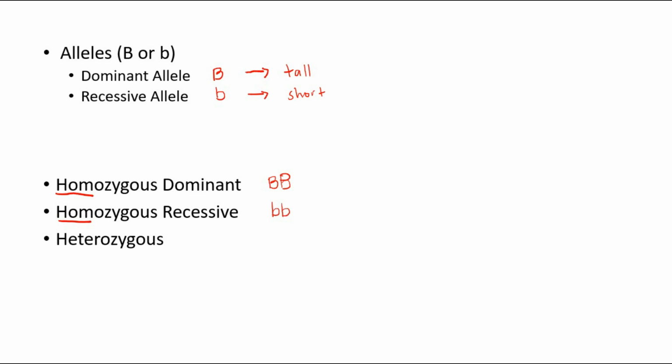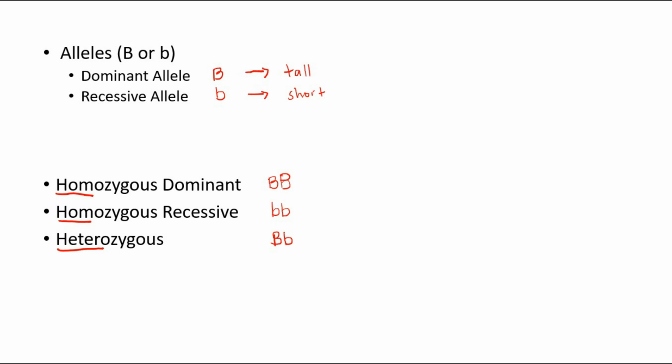And then we say heterozygous, okay? When we say hetero, it means they are different. So we have a pair of alleles, but they are different from each other. So basically, you will have the dominant allele and the recessive allele. So that will be capital letter B and small letter b.